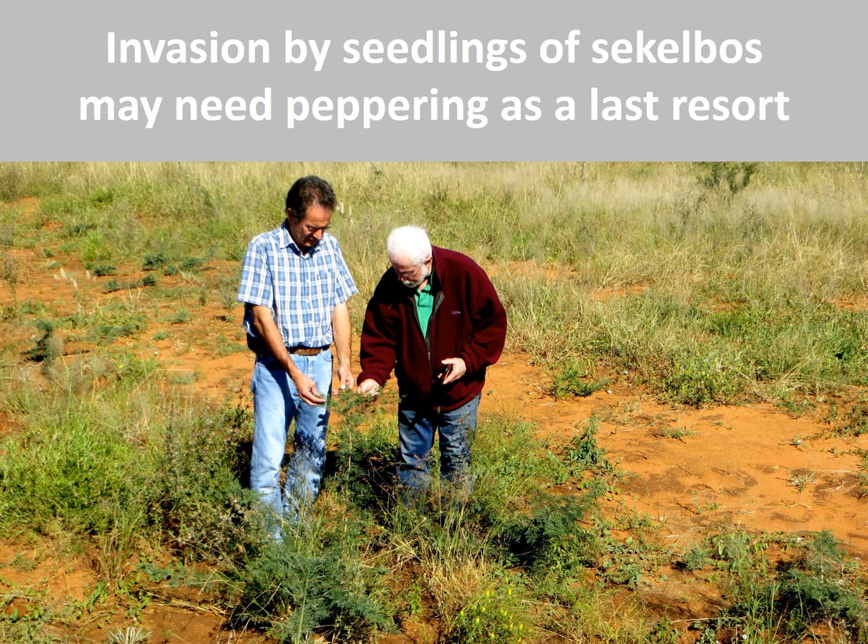And what we were looking at there, in biodynamic agriculture, we have a technique for those plants which we have no way of otherwise getting out of the landscape and giving it over to some other plant. We have a technique called peppering.